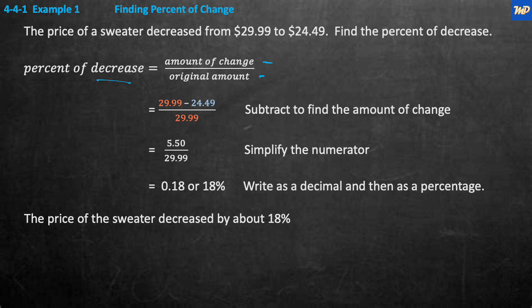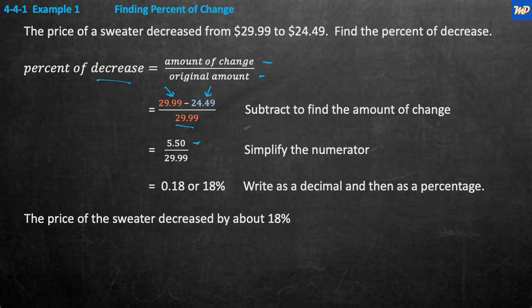In our case, $29.99 is the original amount minus the new price, right? We're going to get the change. The change is going to be $29.99 minus $24.49, and all that divided by the original amount, the $29.99. Then we're going to simplify the numerator. It's going to be $5.50 divided by $29.99.